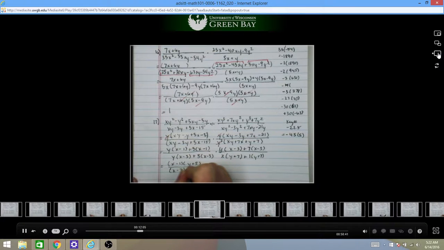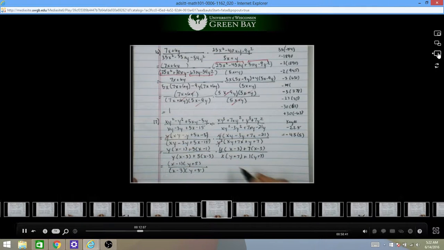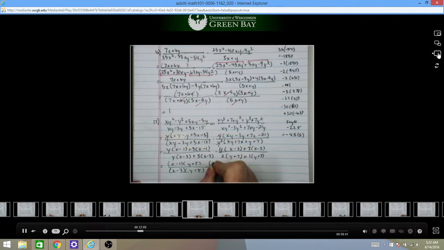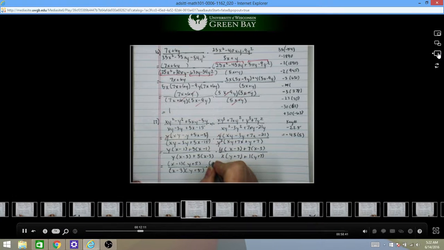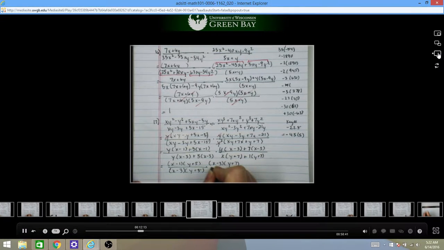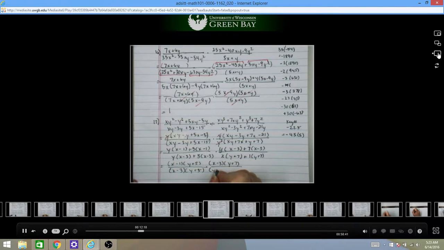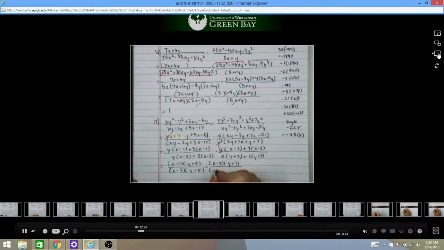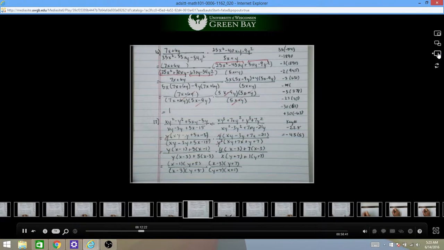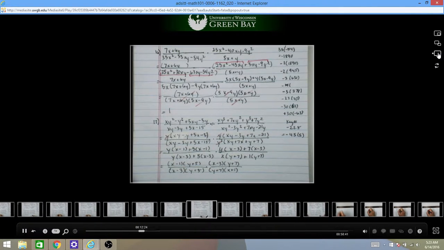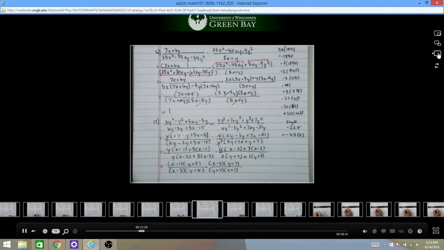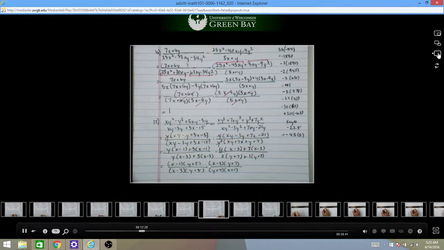And x minus 3 times y plus 7. And y plus 7 times x plus 1. Okay, so we're all factored, and now we can cancel common factors. So this one is x minus 1 times x over x plus 1.